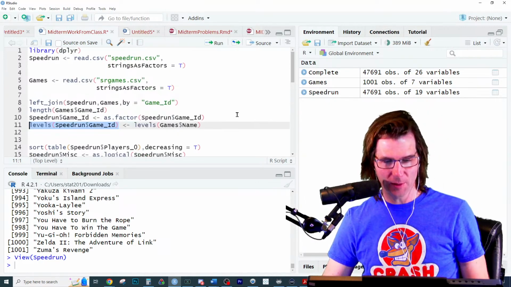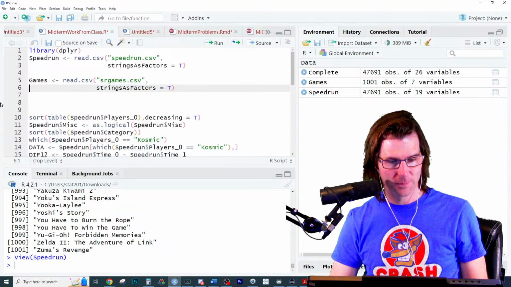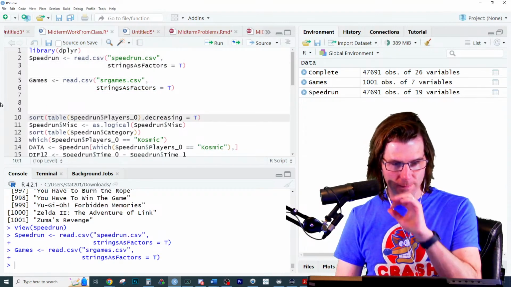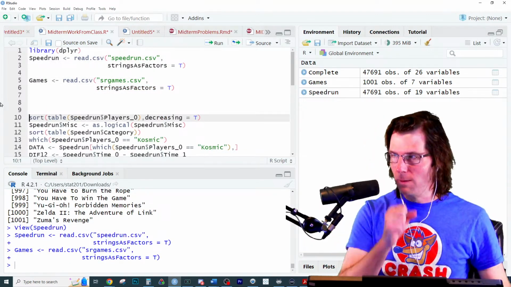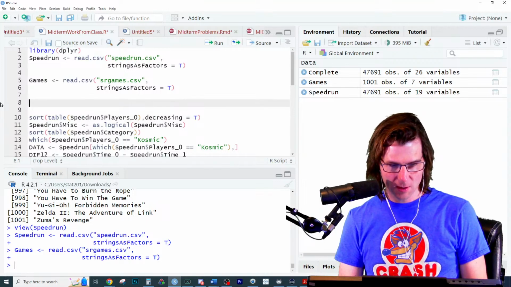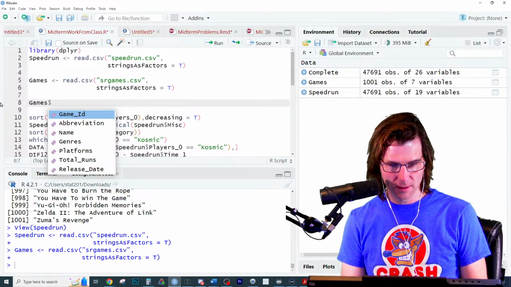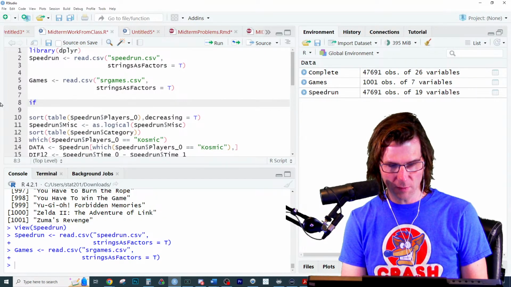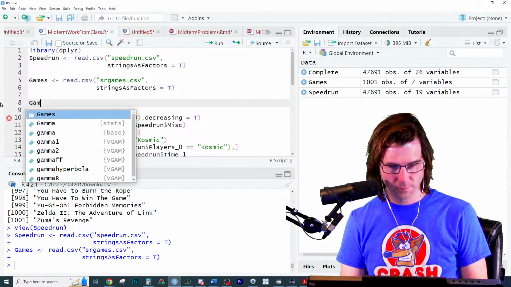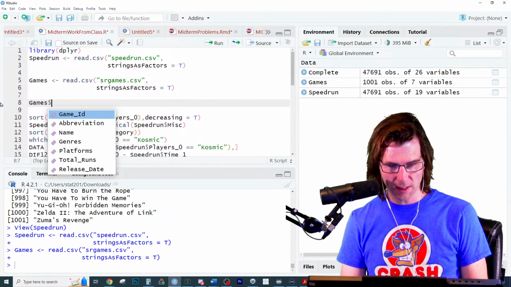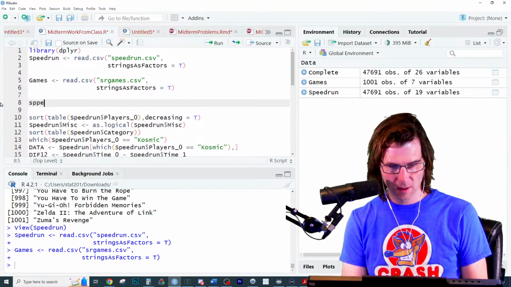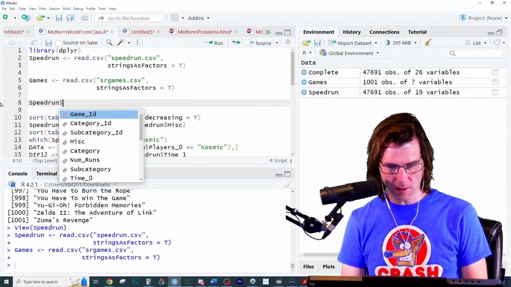Let me try one more code. There's the last code we're going to do on this. So we have games$speedrun$game ID.